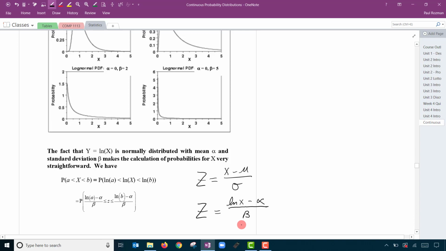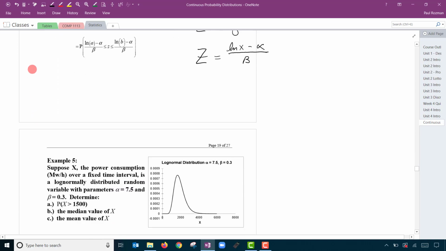We can just look things up in our z table. So the log normal distribution's really easy to use. Basically, if we're already good at finding probabilities using the standard normal distribution, we'll have no trouble with log normal distribution. We just have to recognize that the problem is log normal.